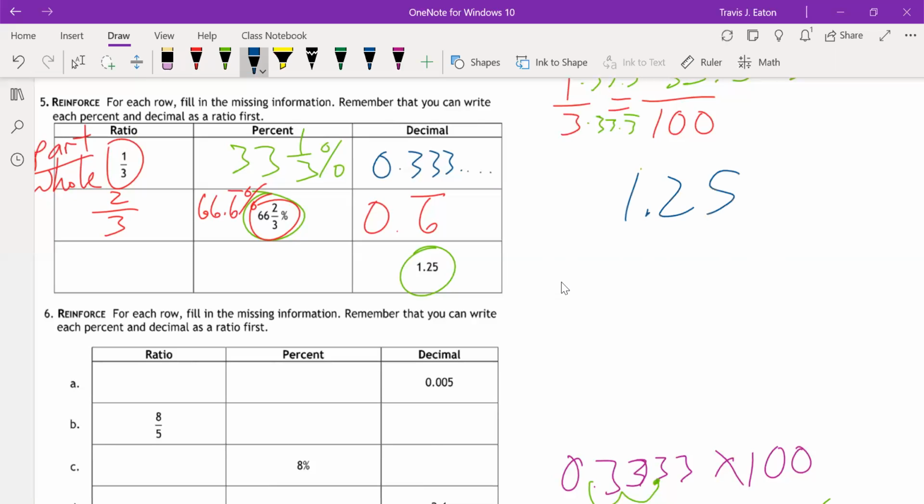Okay. Now, 1.25 as a decimal. To change a decimal to a percent, I'm going to have to multiply this number by 100. And in doing so, that means my decimal point will move 2 places to the right. So that would be 125%.